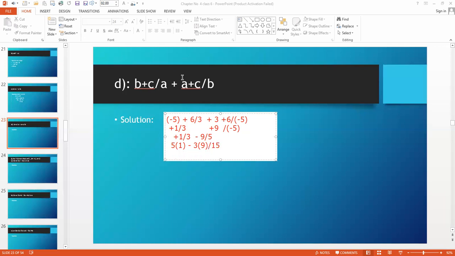Okay. Now we move towards the next step. 5 1 times 5. Okay. Minus 9 3 is 27. And the LCM is 15. First of all, I have to put an equality sign. Wait.